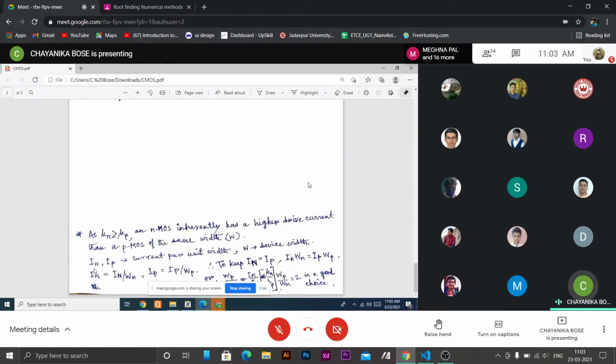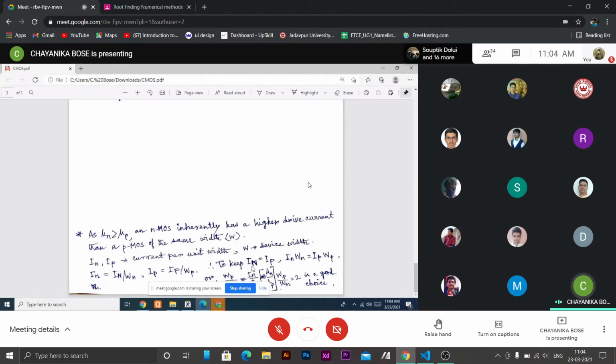Width যদি identical রাখি, it should be written Z, আমরা এতক্ষণ MOS এ এটা Z বলে এসেছি। দেখো, so IN, IP, these are current per unit width. W is the device width. So our IN WN must be equal to IP WP, because IN is IN by WN per unit width, and IP is capital IP, the current through the device, by W. So to keep our IN equal to IP, because these two will cancel out and will give steady state.